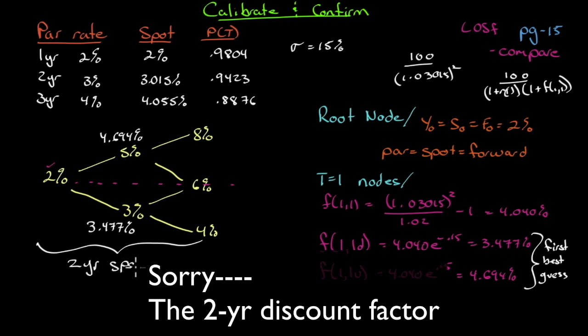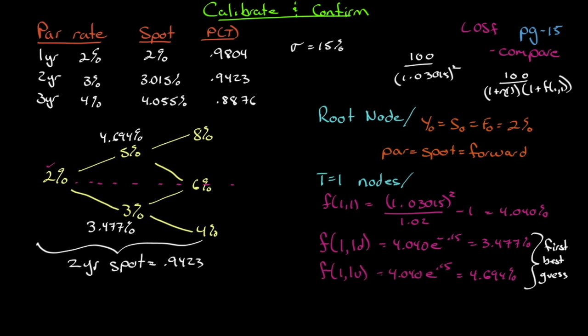And what is the 2-year spot rate that we need to recover? 0.9423. So what happens here? Well, using our first pass rates, we get 0.9419. So our rates, are they too high or too low?